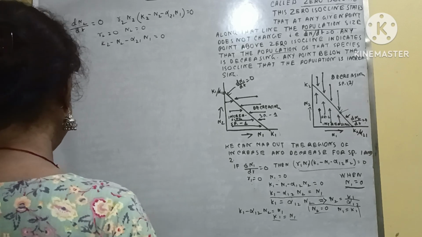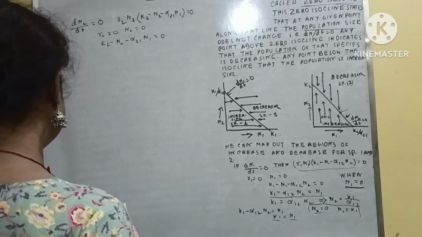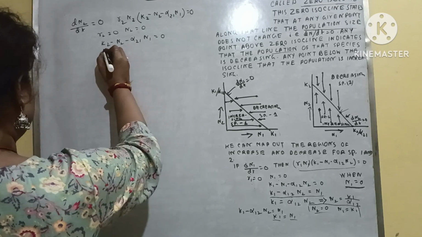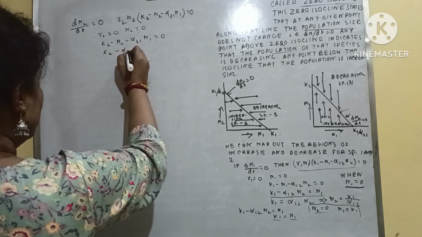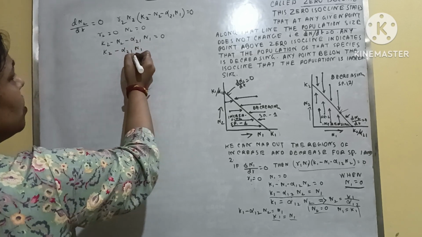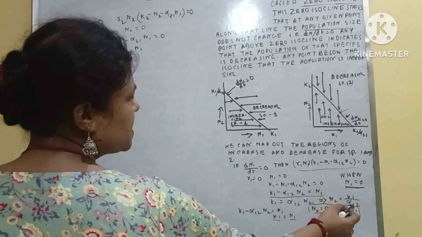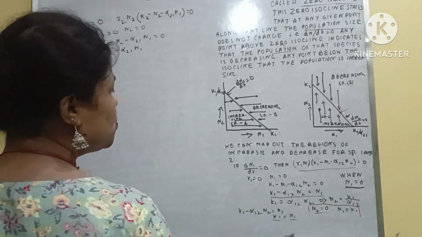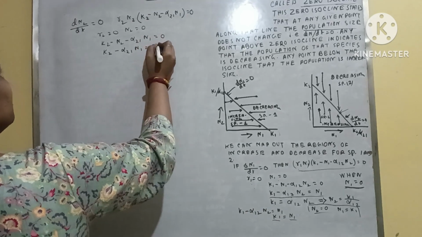So we can write K2 minus alpha 2 1 N1, 2 for species 2, 1 for species 1. Here also 1 for species 1, 2 for species 2, not 12 or 21, is equal to N2.